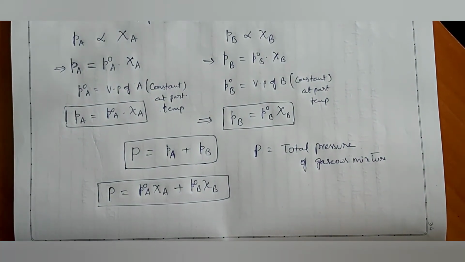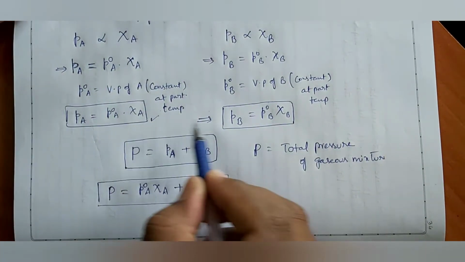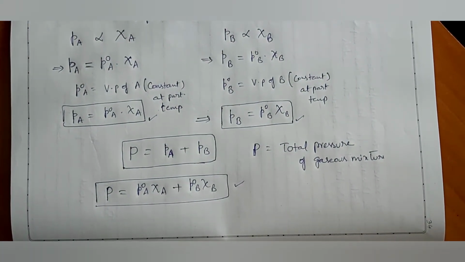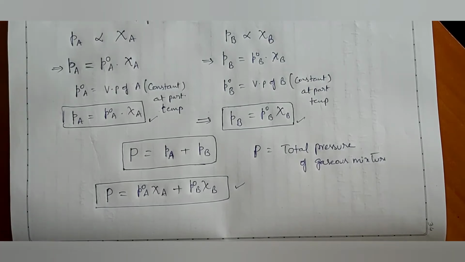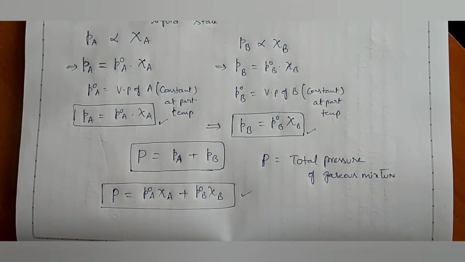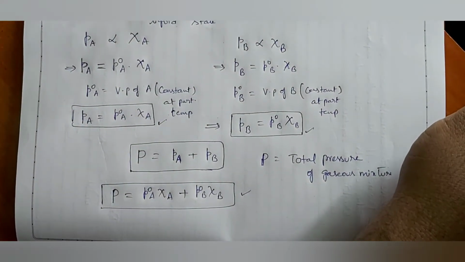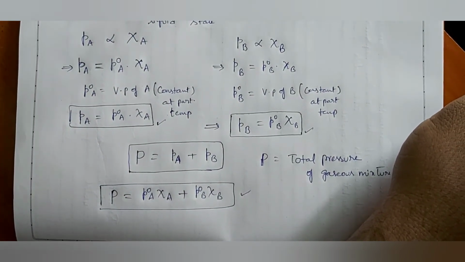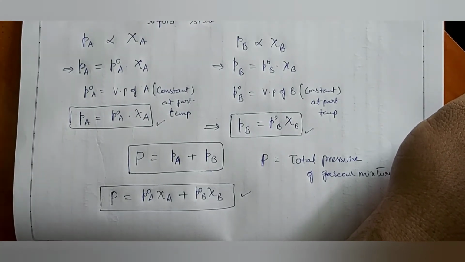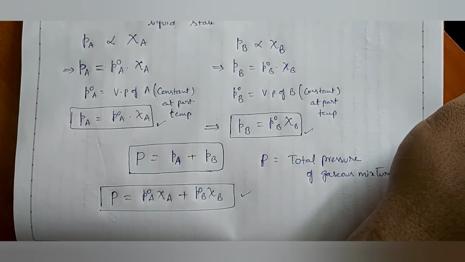This is the formula, very important formula, 1, 2, 3. These three formulas are very important in doing the problems. Remember carefully, all of you. Slowly I am teaching, because generally I observe that students feel confusion about what is meant by vapor pressure and what is meant by partial vapor pressure.